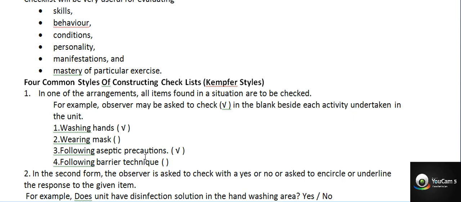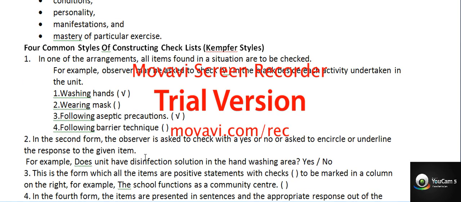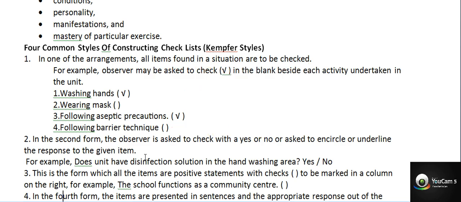There are 4 styles of checklist you can construct. The first one is arrangements. All the items you want for the situation, you write in order and make a list of items needed, with a check mark bracket where you can put the tick.